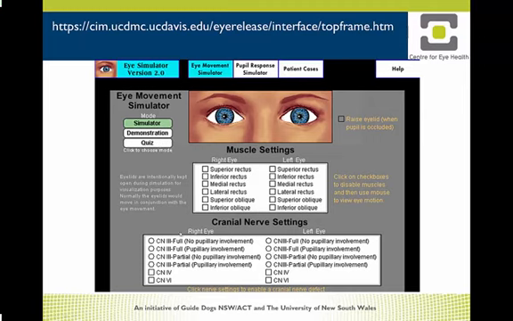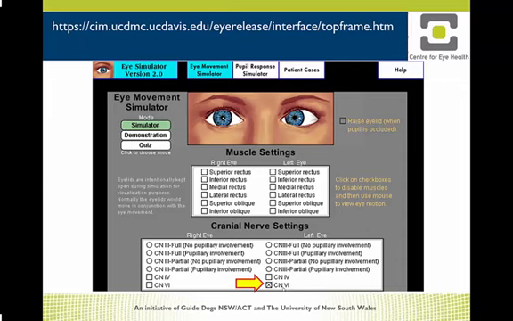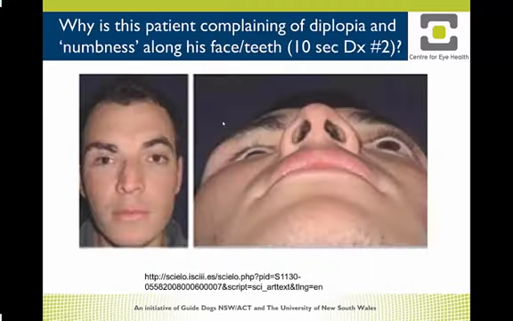Now you can create virtually anything that you want. For example, what I've done here is created a left cranial nerve 6 palsy, and you can see the eye moving in, and the reflex is now closer to the limbus compared to where it should be, displaced by about 1 millimeter.